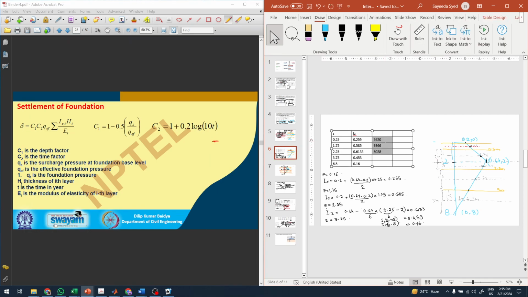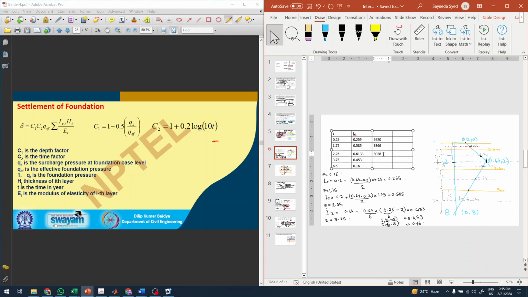But now this is from 0 to 0.5, so this will come here. And this is from 0.5 to 2.5. So this will be E1. This also will be E1.